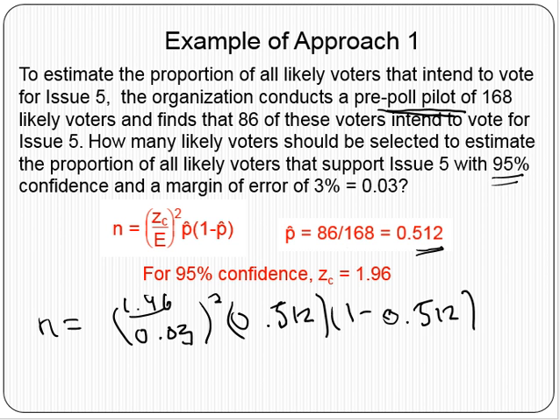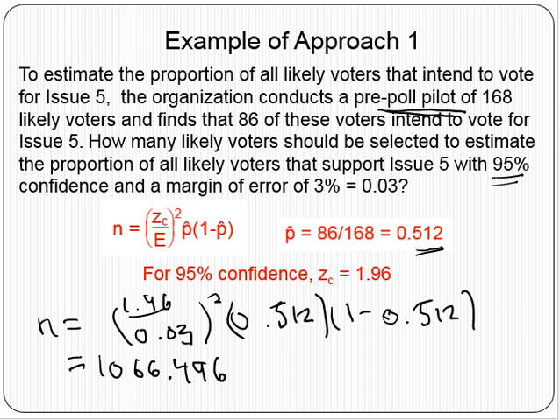When you do that math, it turns out that n is 1,066.496.